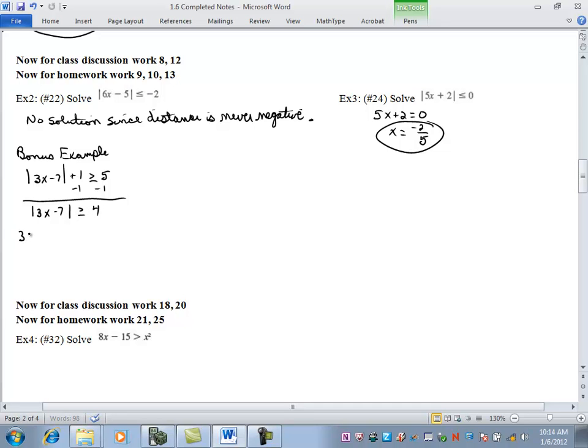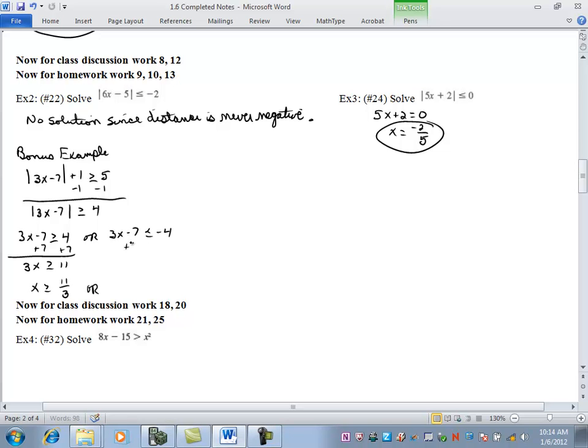And this breaks down into 3x minus 7 greater than or equal to 4, or 3x minus 7 less than or equal to negative 4. We're going to add 7 to both sides here. So 3x is greater than or equal to 11. X is greater than or equal to 11 thirds.